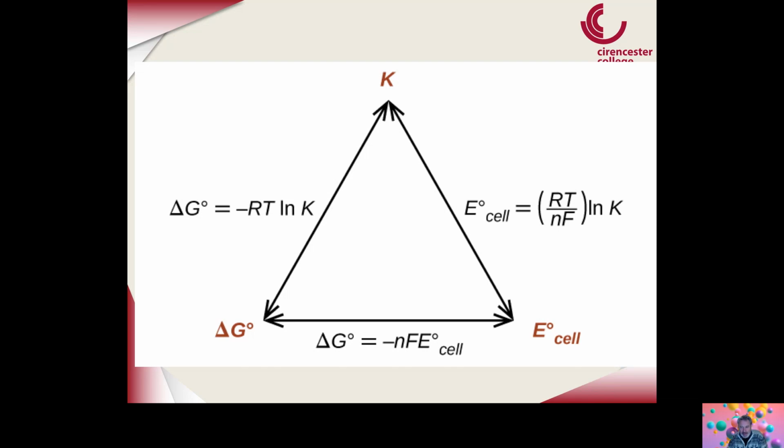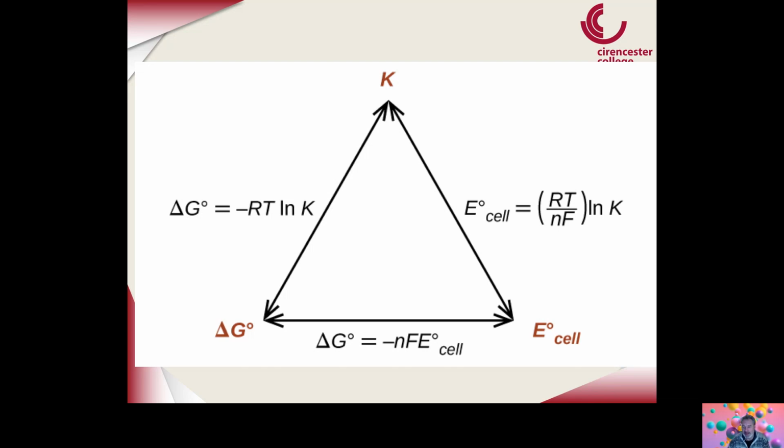So in the end, this summarizes all the links between things that can be used to predict reactions. We've got the free energy, we've got the equilibrium constant K, and we've got E cell. Previously we've seen that delta G is linked to K, the equilibrium constant, by minus RT ln K. We've now just come across delta G equals minus nFE cell.